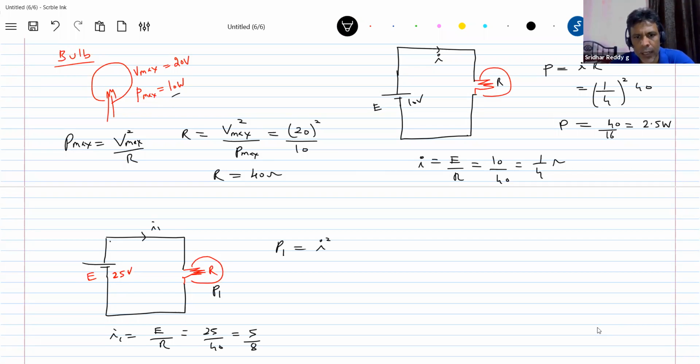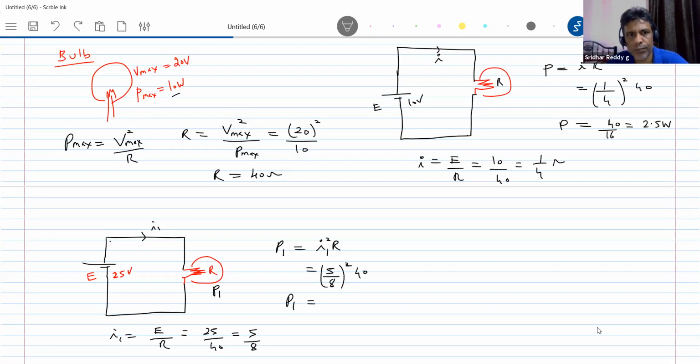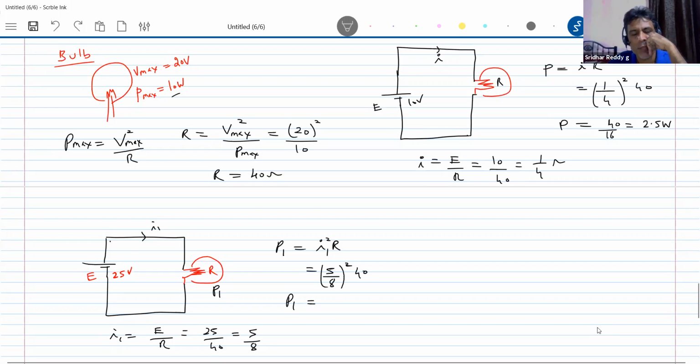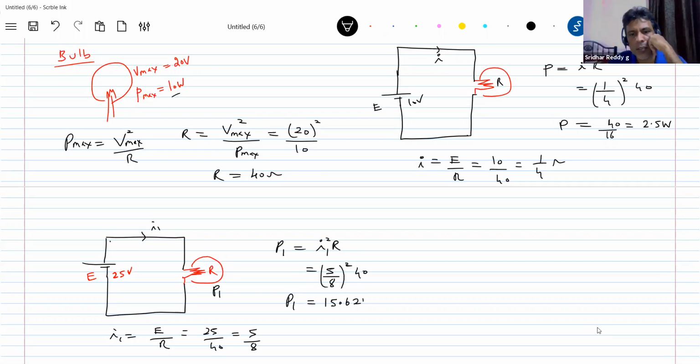P1 equals I1 square R. So this will be 5 by 8 whole square into R. The value of R we got is 40, no? So P1 is 15.625.